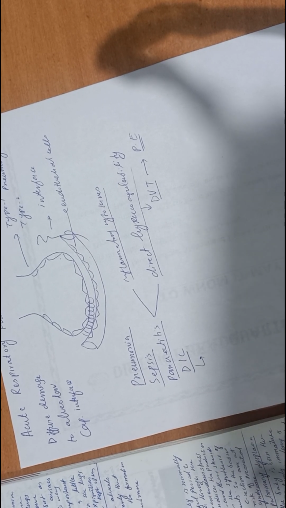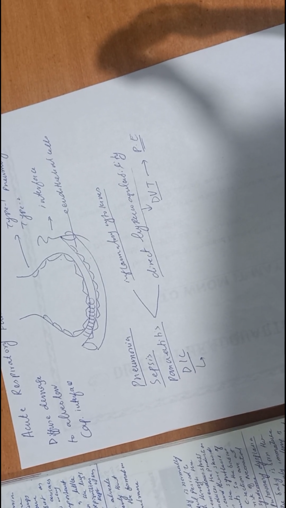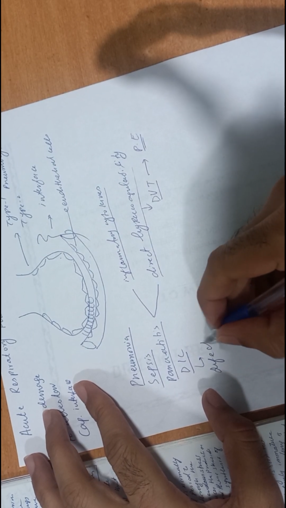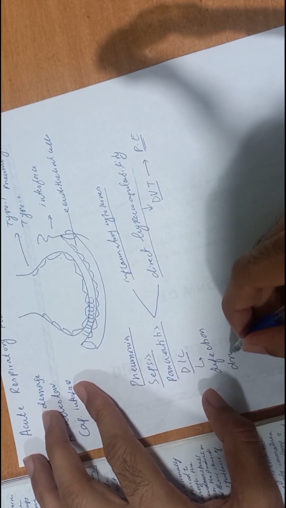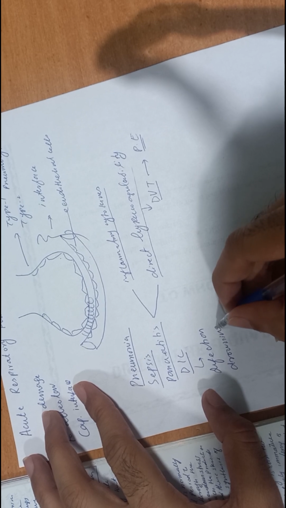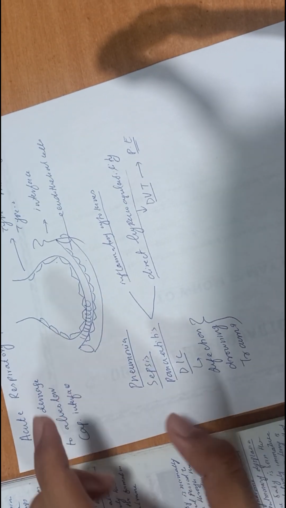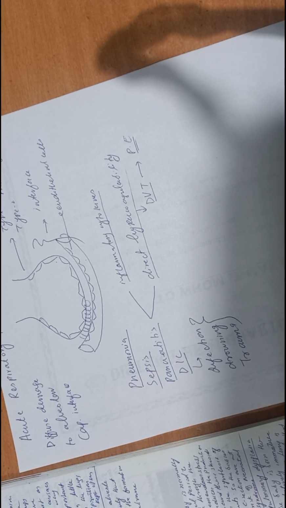You know how already, right? And infections, any sort of infections, drowning and trauma. These are the other conditions that can damage the alveolar capillary interface. So now you know what causes the damage to the alveolar capillary interface.